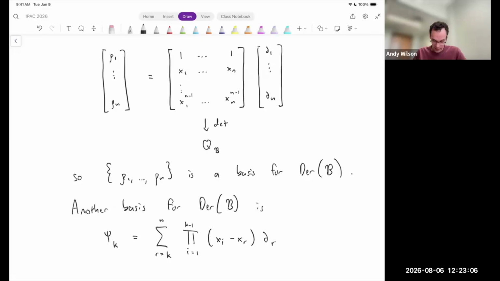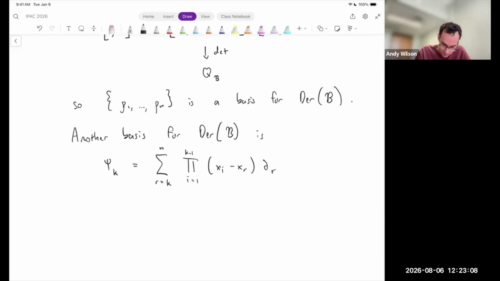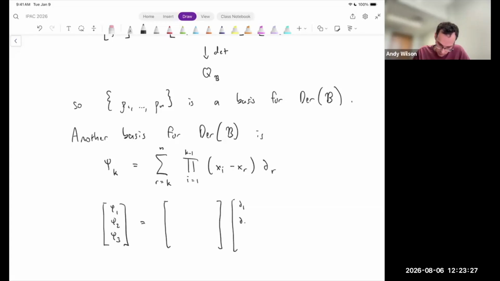So what does this look like? If we maybe just look at an example. Let's see, when k equals 1, we get this again, I think.